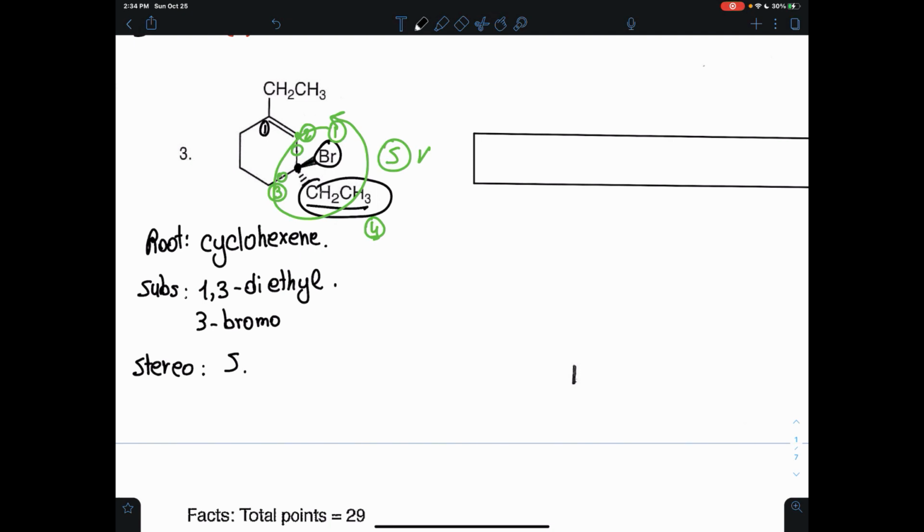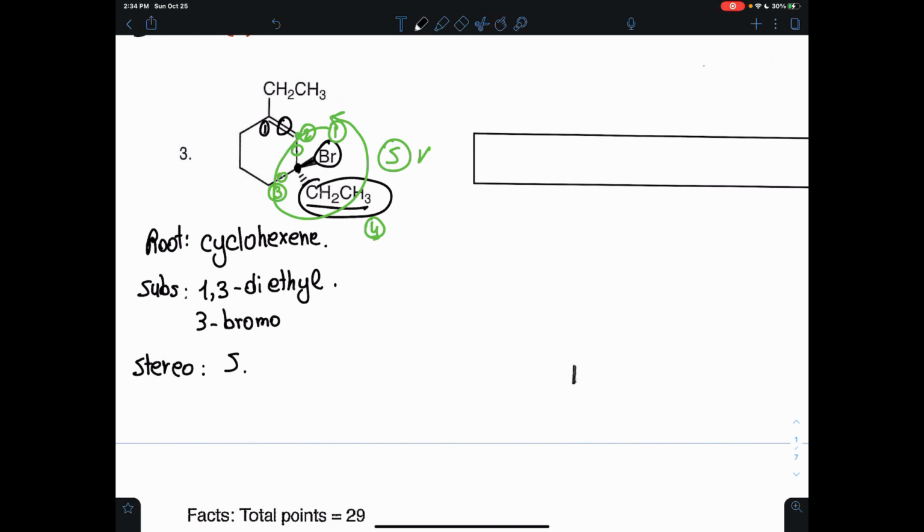Now the other thing is this double bond right here. For this one, you don't have to put a Z or E. The reason is that if you have any cyclic rings or cyclic compounds, you don't have to mention Z and E unless it's bigger than 8 carbons.